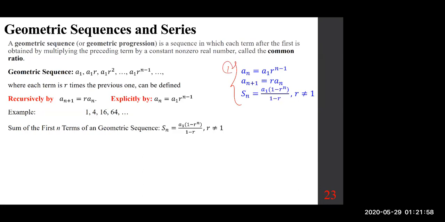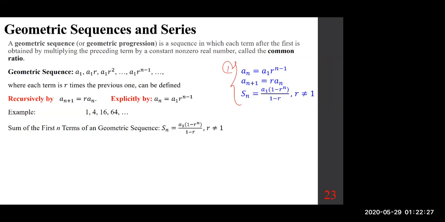Later on, you may need the second one in other courses, which is an implicit format, if you will. The first one is the explicit format. A sub n is a sub 1 r to the power of n minus 1, and s sub n is a sub 1 times 1 minus r to the power of n over 1 minus r, as long as r is not 1.